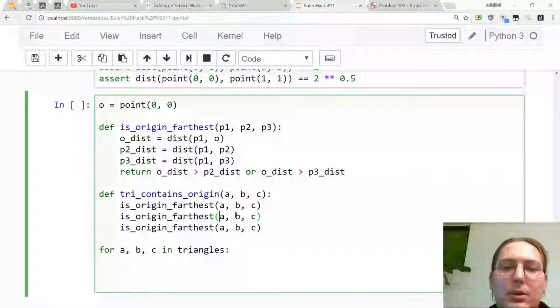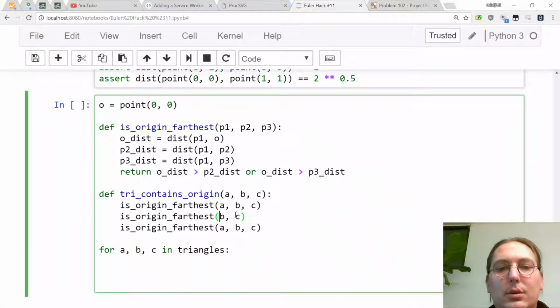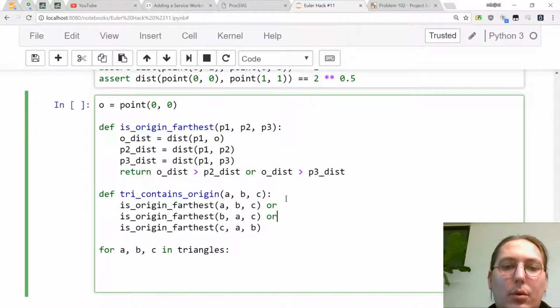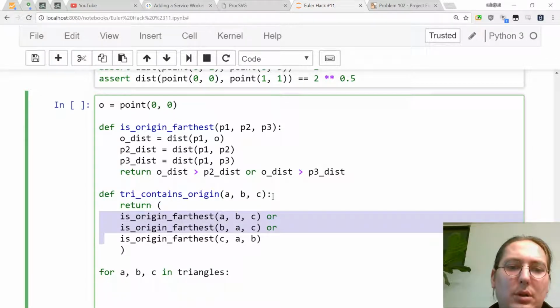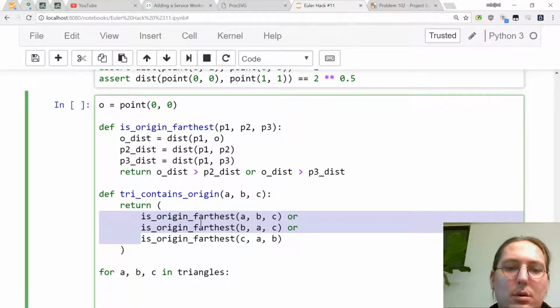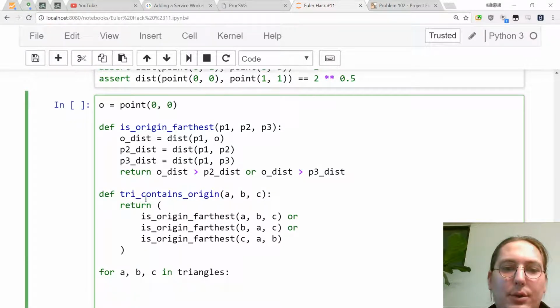When my computer is less laggy. BAC and CAB. So, or, that makes sense approximately. Seems almost not worth having a function for.